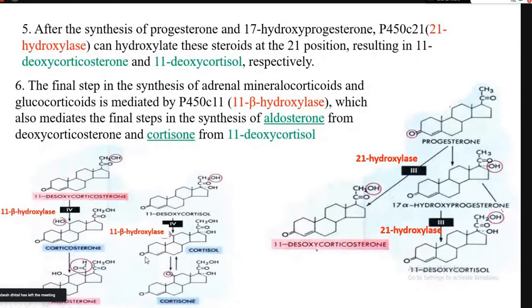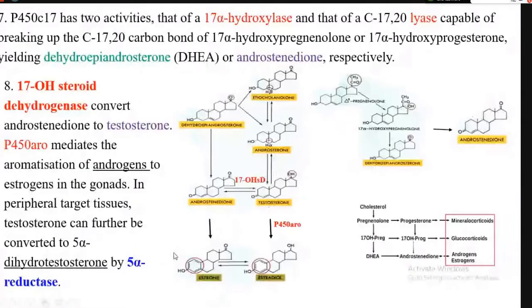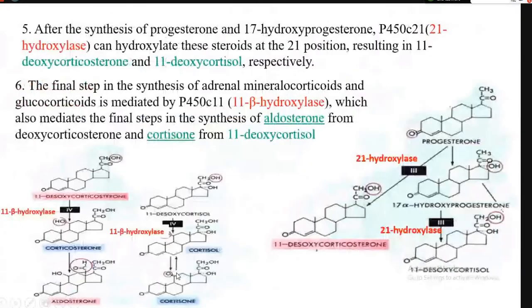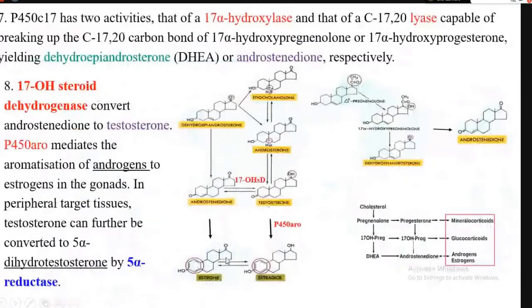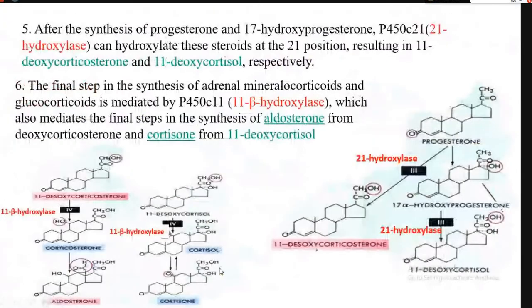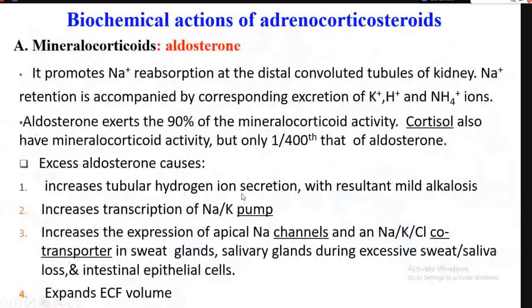This is the glucocorticoid branch. Here there is a change in this structure. This is cortisol or cortisone. This is the glucocorticoid, and this is the mineralocorticoid. So this is the last step.